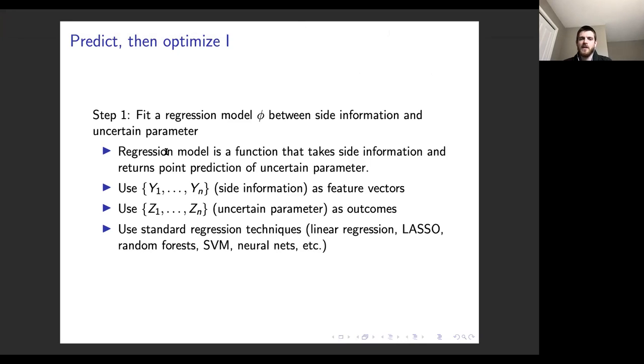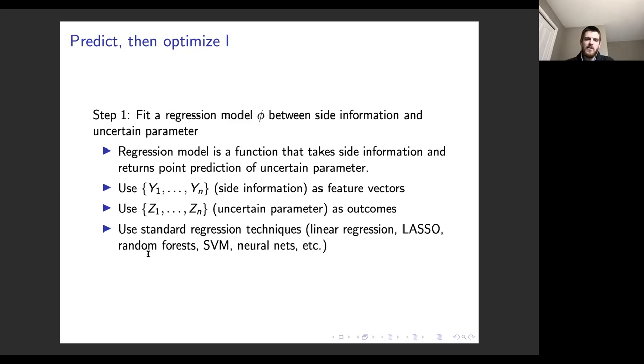And what I mean by regression model is that's going to be basically something that takes your side information and just returns a point prediction of your uncertain parameter. So for a retail application, it takes in your features, maybe your sales of similar products, and it returns just a single point. I think you're going to sell 10 units of product based on this side information.